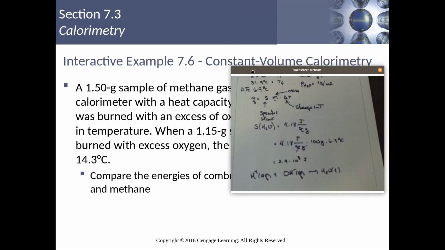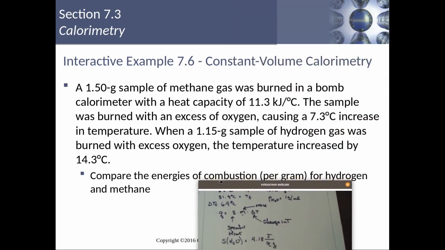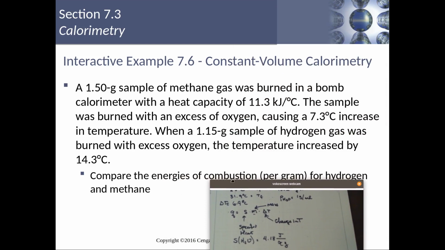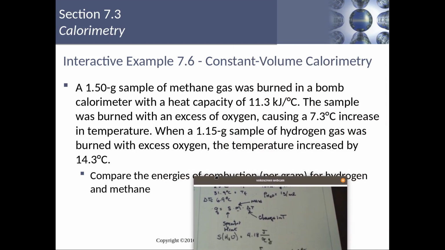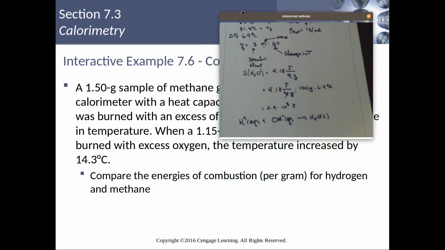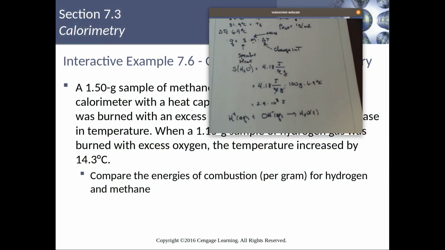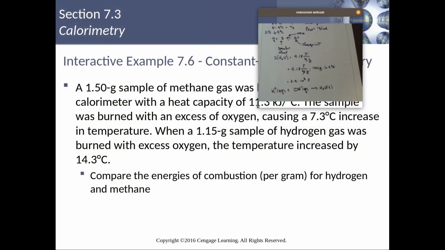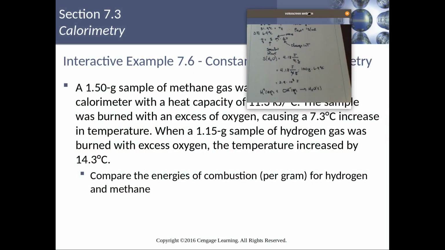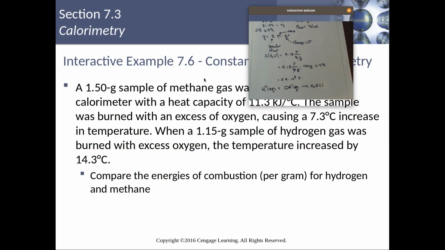In the interactive examples that they're giving you here, they're not taking into account the fact that you had to add a spark to the system to get it to go. Here I have methane gas in this bomb burning with oxygen, and the temperature increases by 7.3 degrees Celsius.